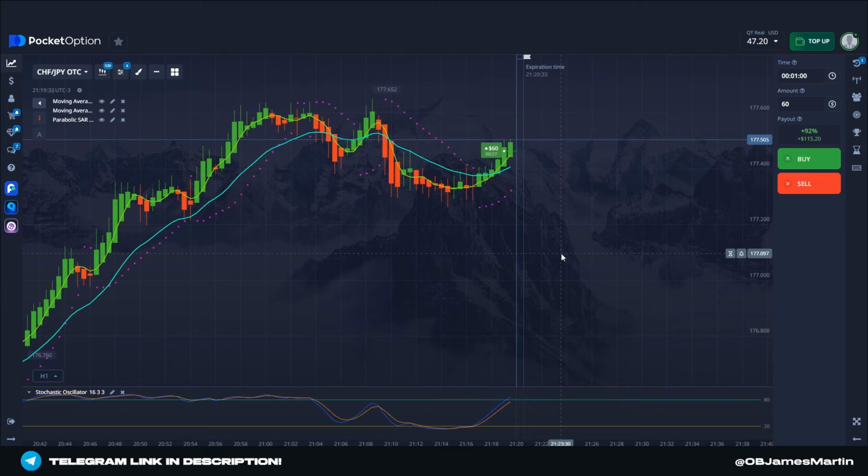That is the main reason I decided to take a trade here. So don't forget, guys: 1 minute expiration time, 30 seconds time frame. First, take a look at the Parabolic SAR and see the consistency of the candlesticks.